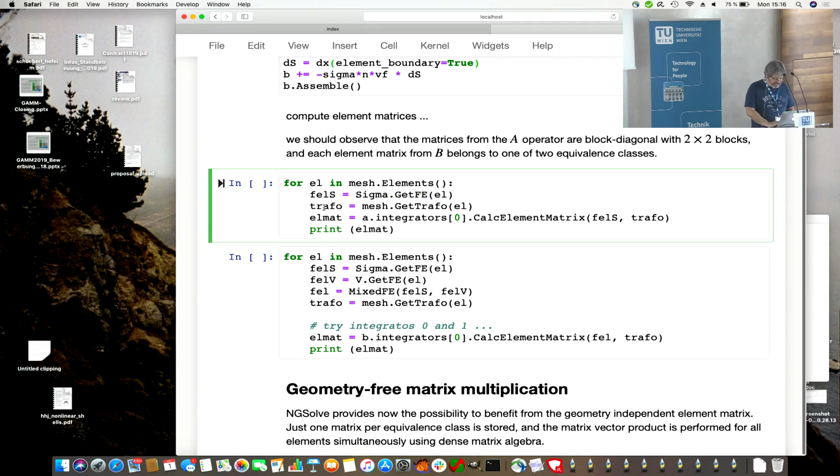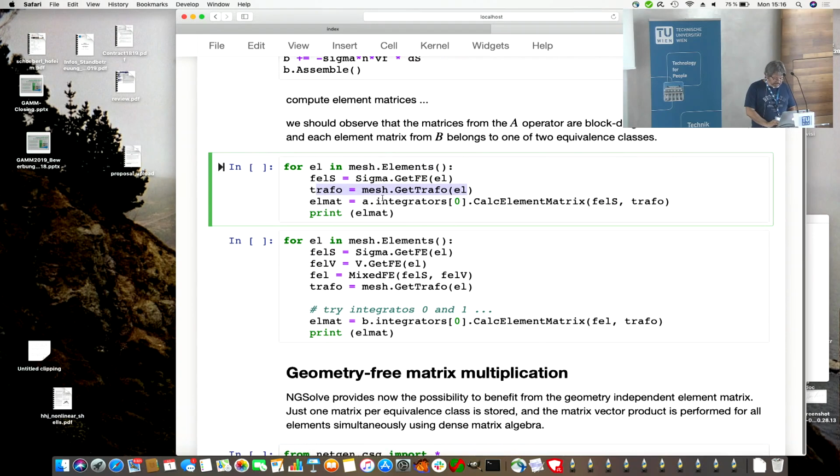We can ask the mesh for giving us the geometry of this element. If we give these integrals to the bilinear form, it maintains a list of symbolic integrators. We take the first one from the A bilinear form, ask it to compute the element matrix for this element with this transformation from the reference to the physical element, and print the element matrices.